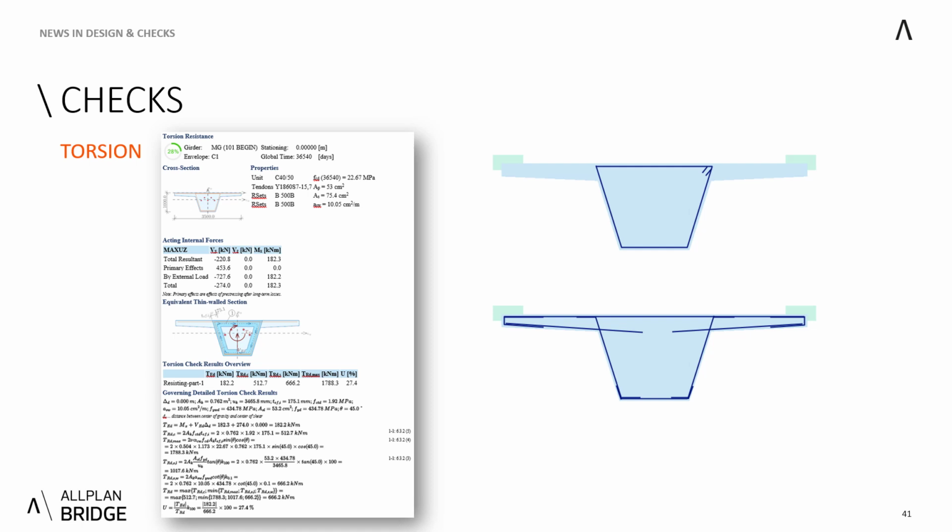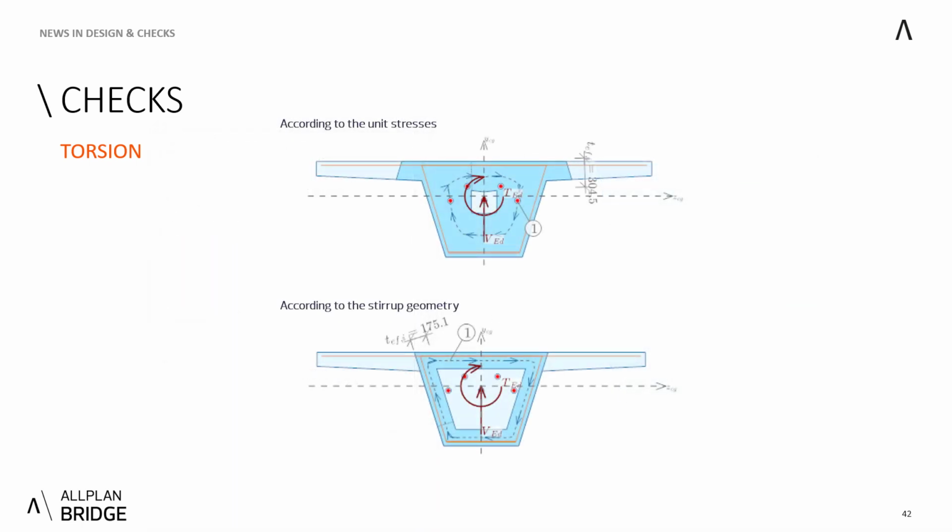And there are also two approaches to determine the torsionally effective area, so this equivalent thin-walled section. The default method is according to the unit stresses, which I will explain on the next slide. In this case, for the verification, we have chosen the second type, when you switch on the area by the stirrup, which I will explain in more detail.